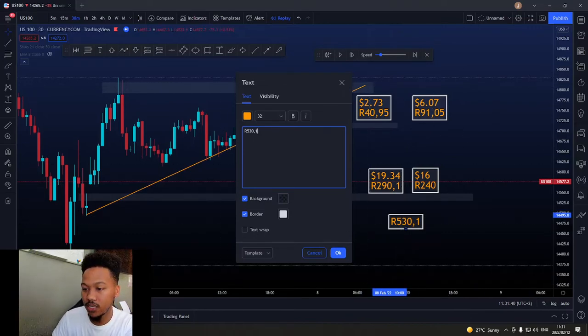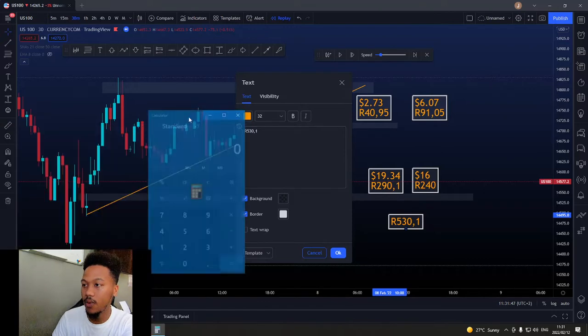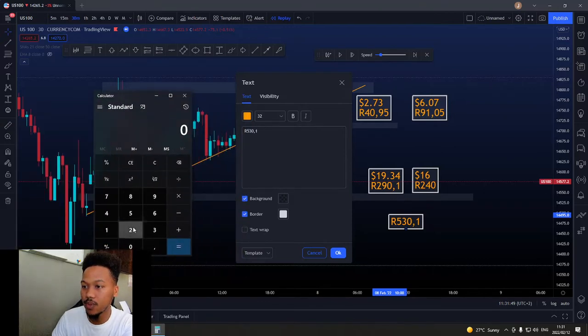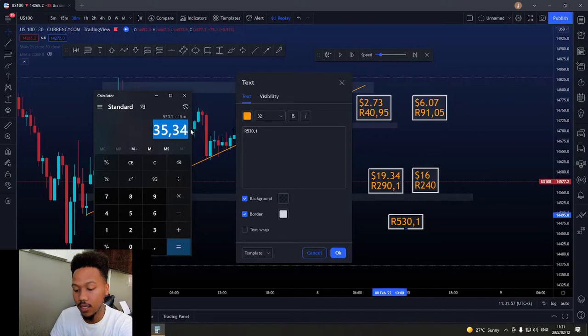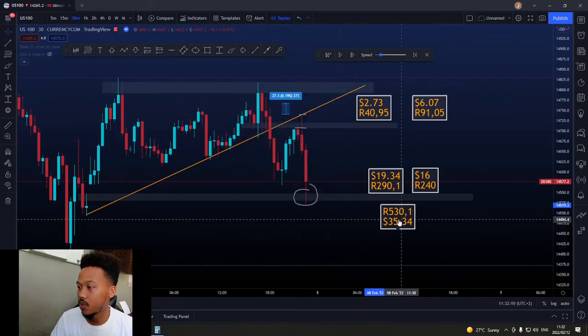We're going to take this amount and divide it by 15. Why am I always closing my actual calculator? So you're going to take 530.1 and divide it by 15, and we just gained that on your dollar account.